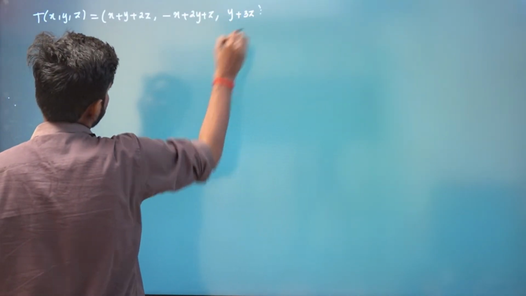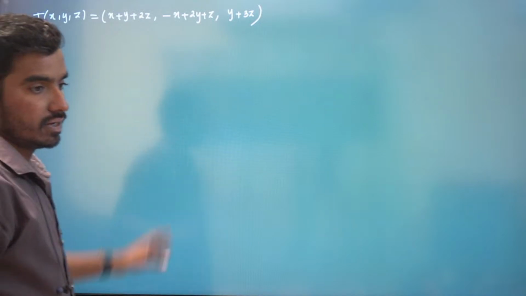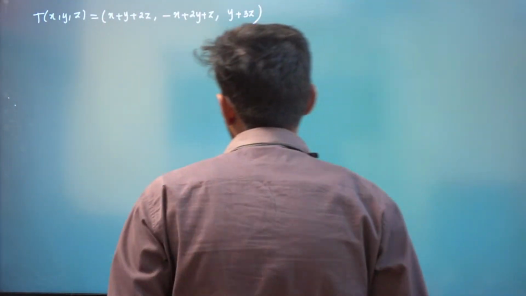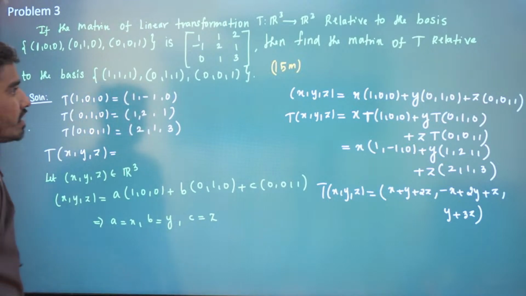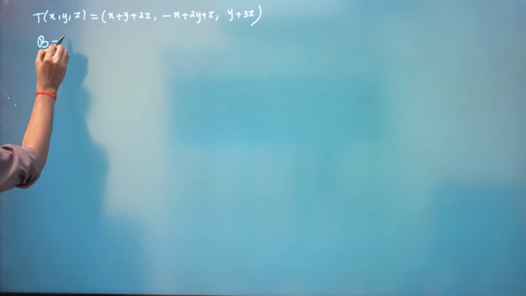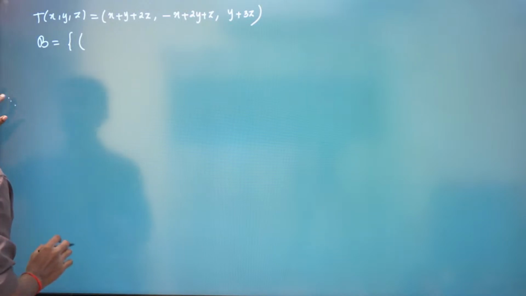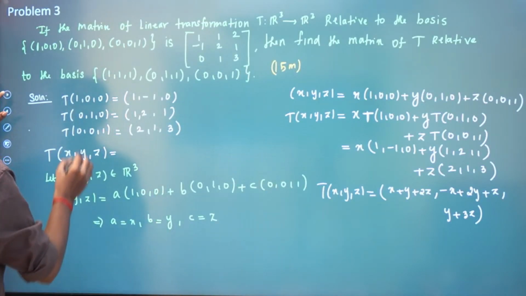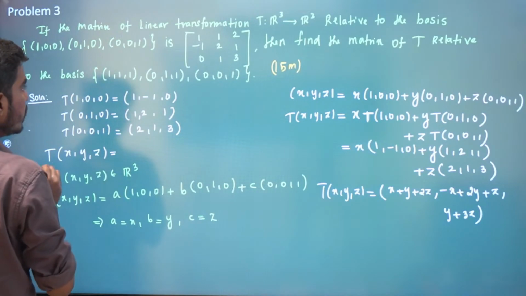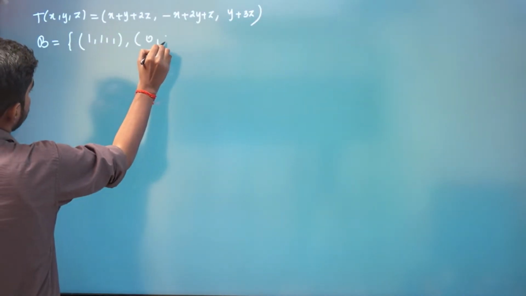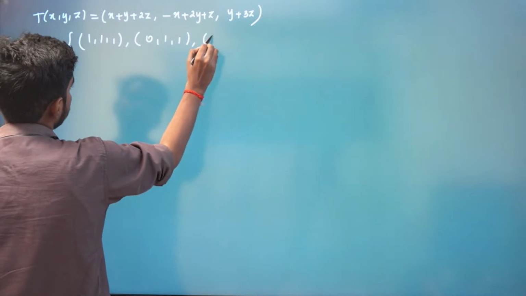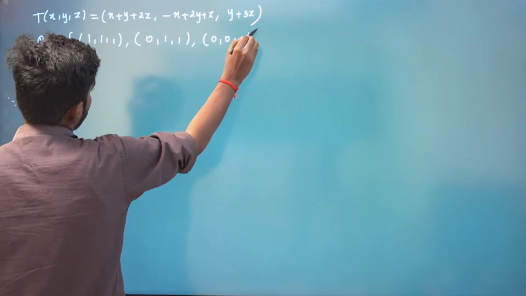This is our required linear map. Now what we need to do is find the matrix of T with respect to the basis. What's our basis? (1, 1, 1), (0, 1, 1), and (0, 0, 1), right?